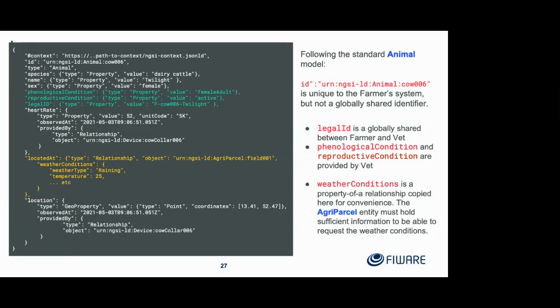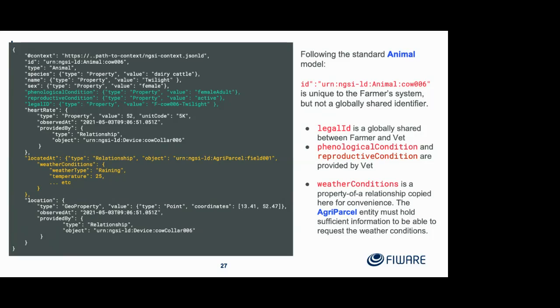Because I want to get hold of the information about the cow called Twilight, and I can't rely on the name being unique. I can't rely on the ID within my system being the same as the ID within their system. There is a government mandated way of being able to track this information, and we can use that common value to get hold of the necessary information.